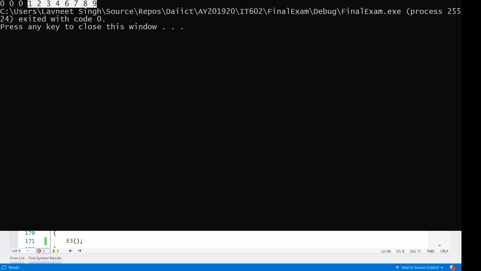So rotate. What will be the first value? We want to rotate the range which begins from the first 0, which is mid.begin, and we want to rotate all the zeros, whose end is the upper bound, right?